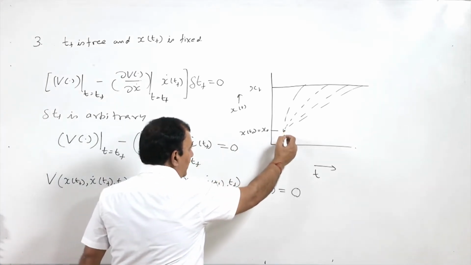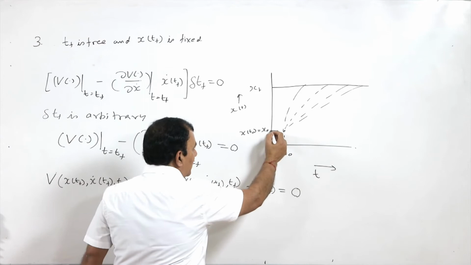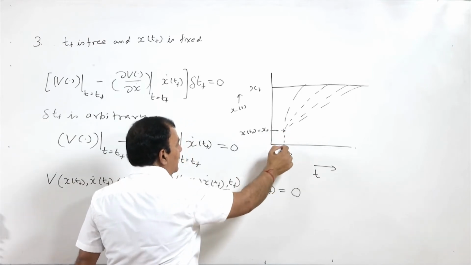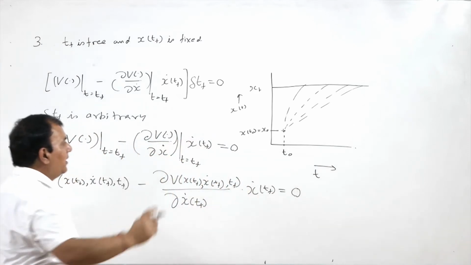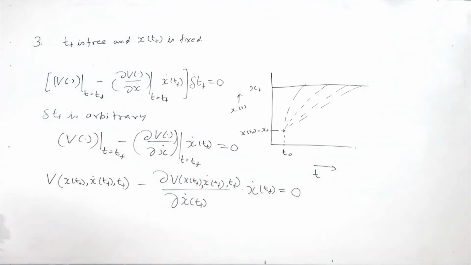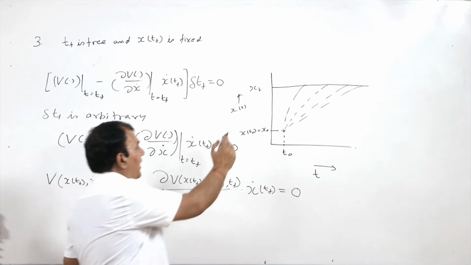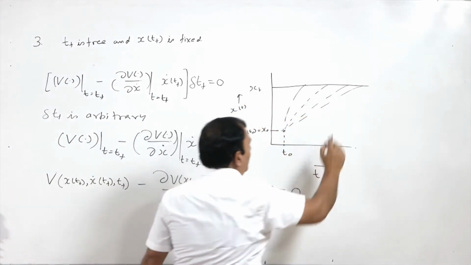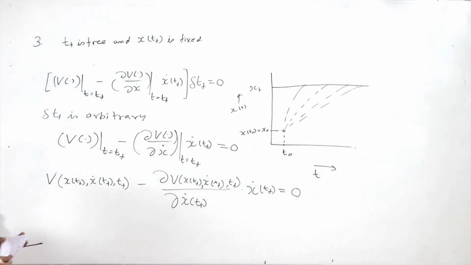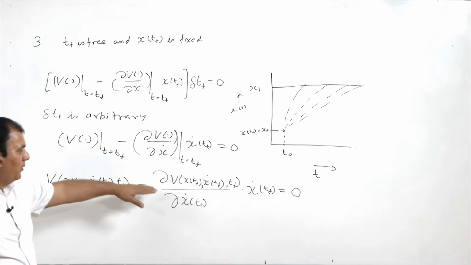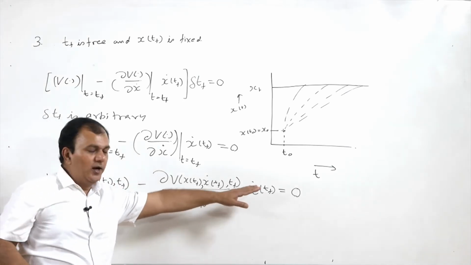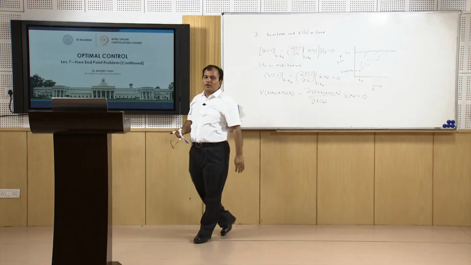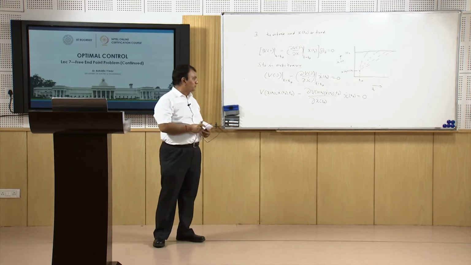One is the initial point is given, so I am given t0 and x of t0. x of tf is fixed, specified, tf is free, which will lead to my terminal condition V minus del V by del x dot at tf multiplied with x dot of tf equal to 0.